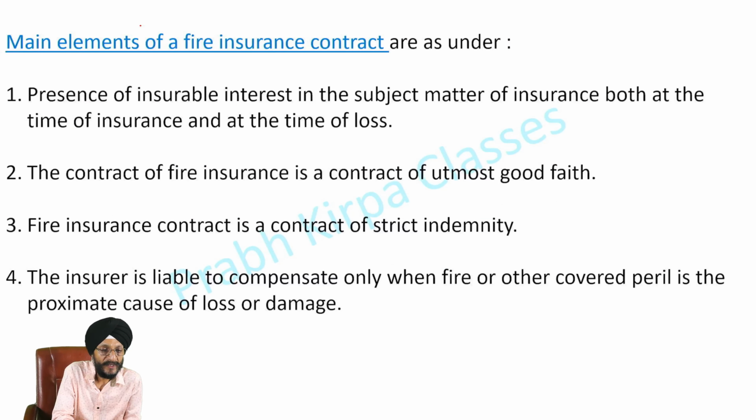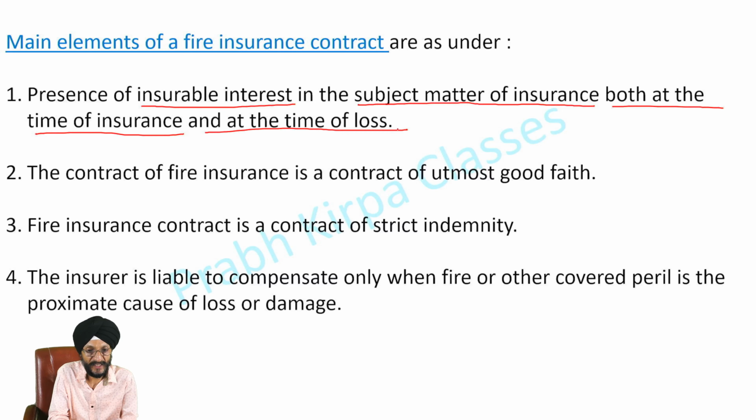Now we will discuss some of the main elements of a fire insurance contract, which are as under. First is presence of insurable interest in the subject matter of insurance, both at the time of insurance and at the time of loss. Second, the contract of fire insurance is a contract of utmost good faith.